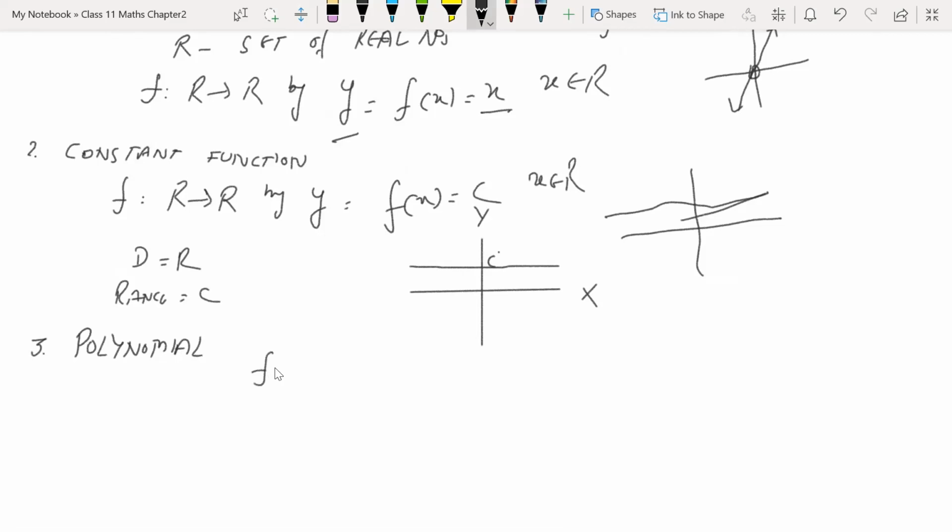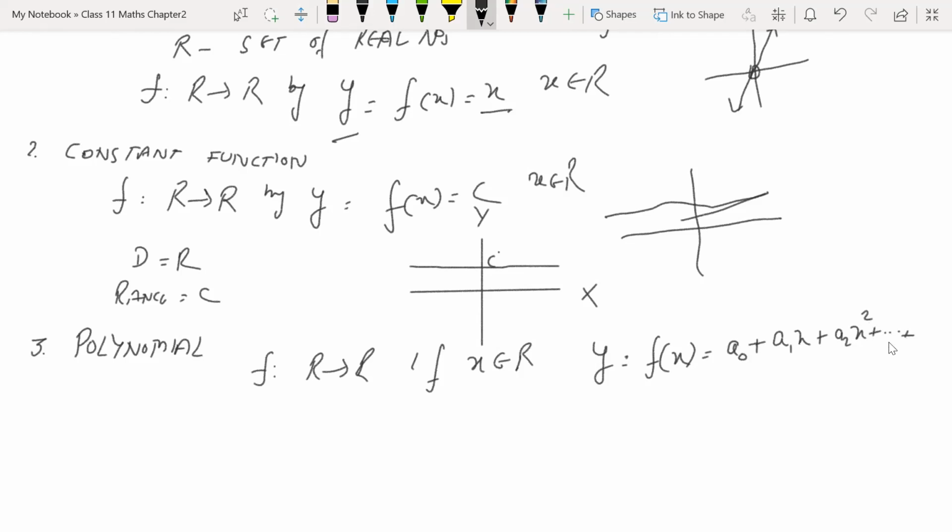So a function f from R to R is known as a polynomial if, for x belonging to R, y is such that f(x) = a0 + a1x + a2x^2 + ... until anx^n.